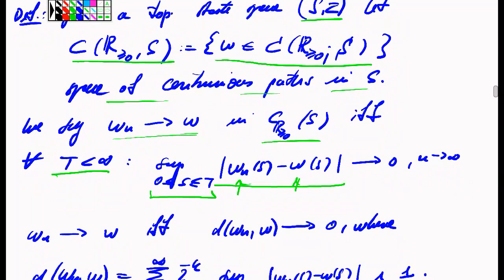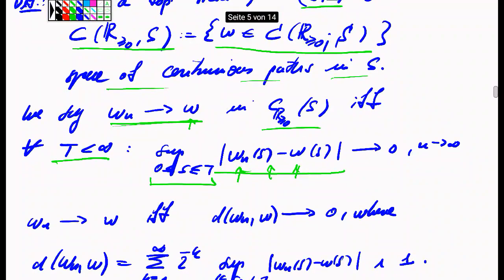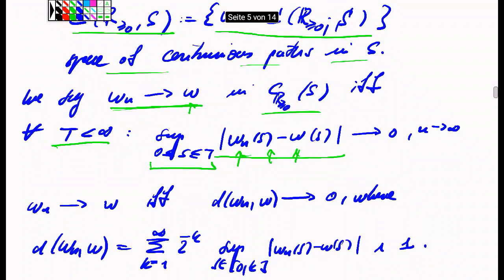That's what we shall understand as convergence locally uniformly in time. So we say that omega_n converges to omega if omega_n, as a sequence of functions, converges to the function omega in the sense of locally uniform convergence. This is exactly what this says.